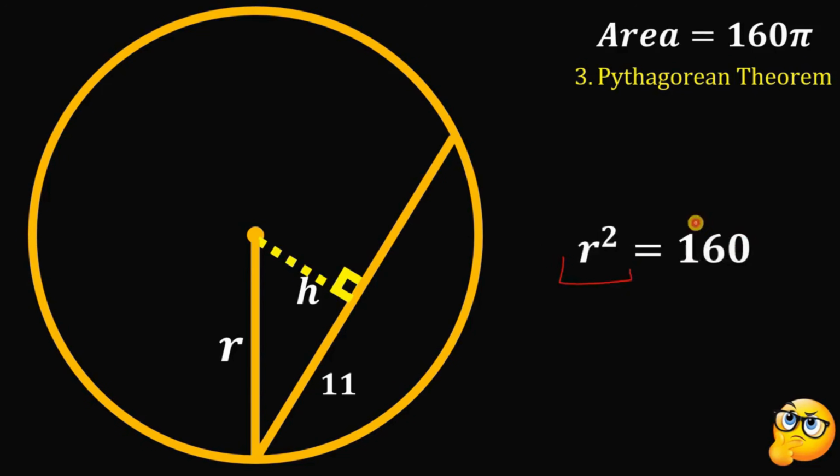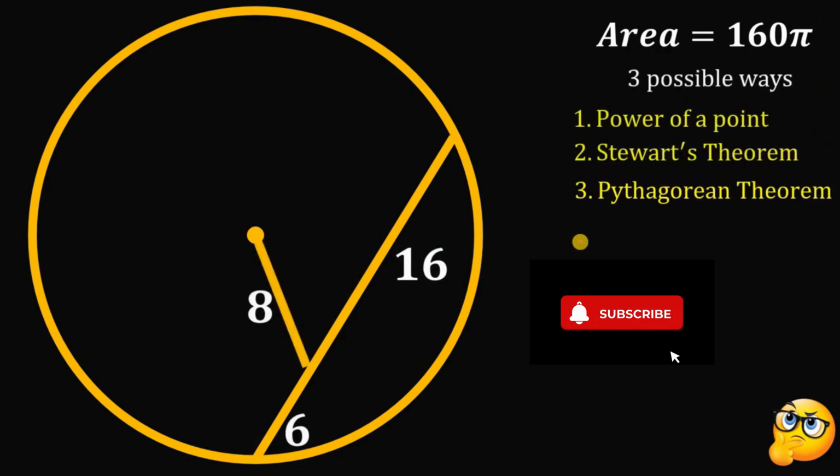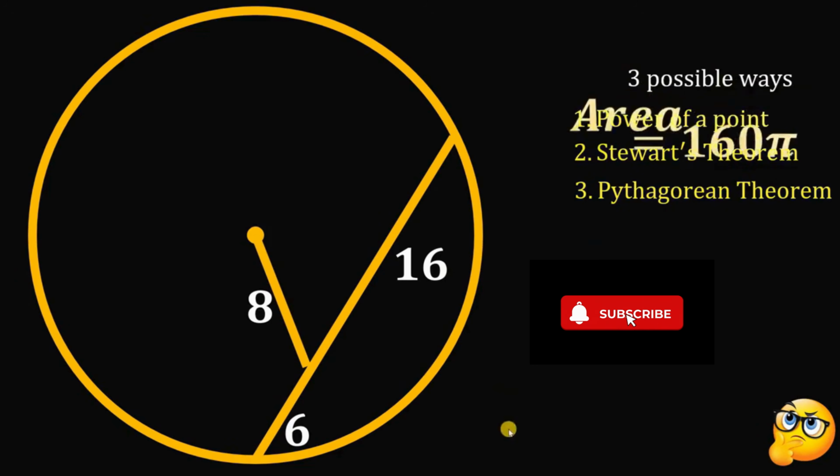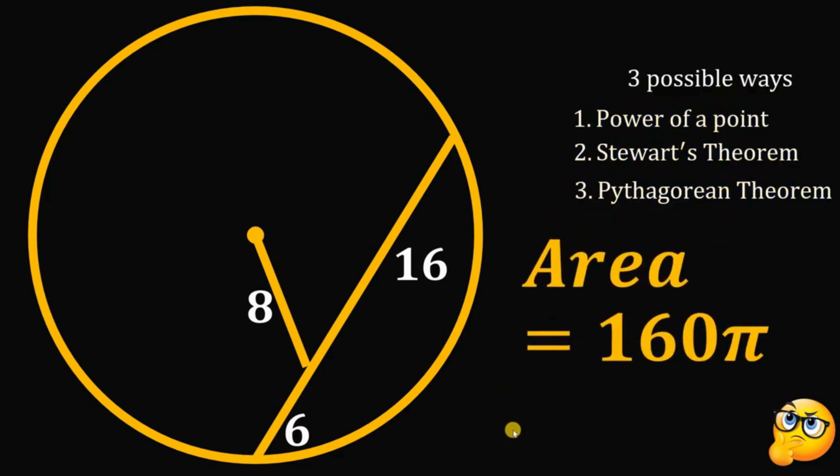So r squared is also equal to 160. This tells us that the area of this circle must be equal to 160 multiplied by pi square units. And that is the answer. So, using three methods, we can finally say that the area of the circle must be equal to 160 multiplied by pi square units. And as always, we are done.